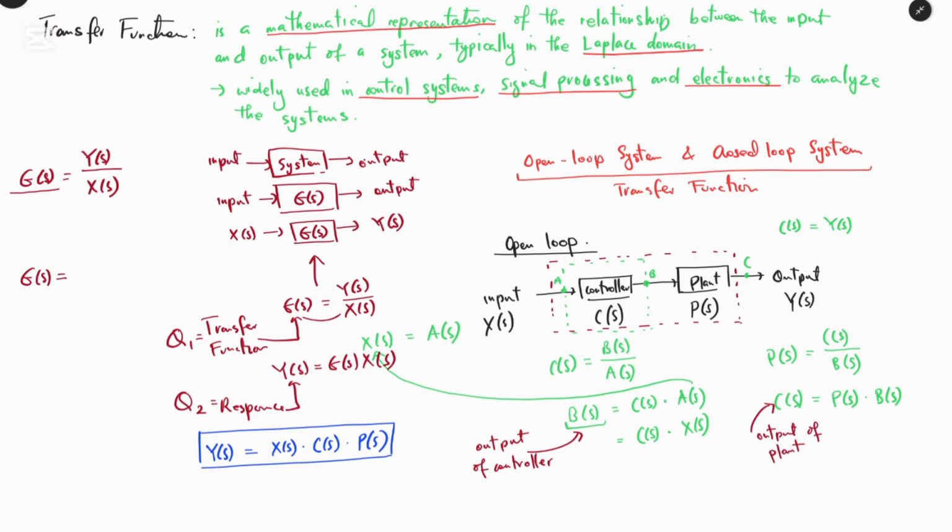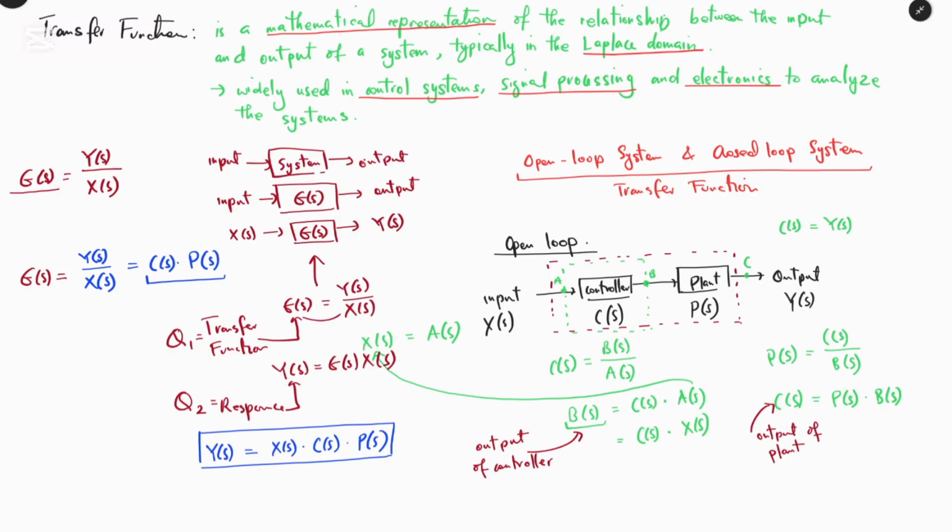So it is equivalent to Y of S over X of S, which is also equal to C of S dot P of S. If you check our previous video, we have some operations where we look at addition of a signal and multiplication of a signal. When the blocks are connected together like this, we mostly multiply. So the output will be equal to the transfer function of the plant multiplied by the transfer function of the controller times the input to get the output response.